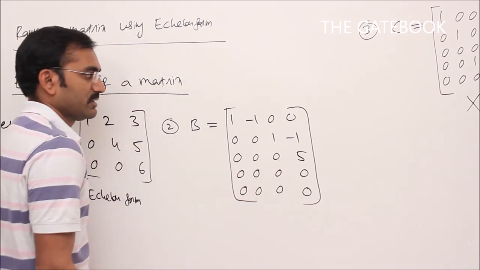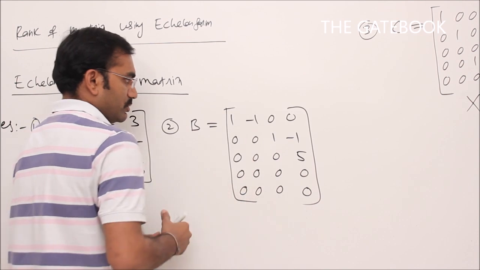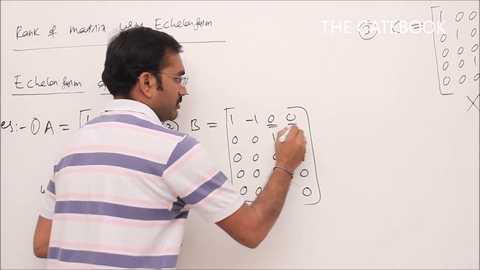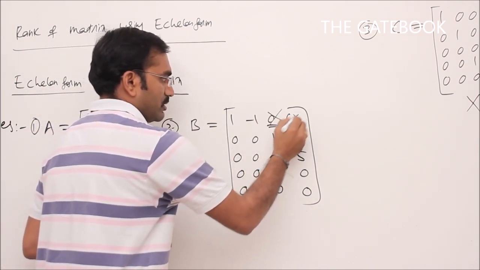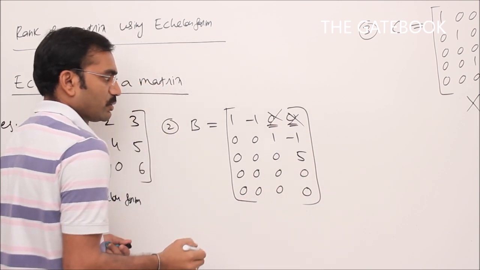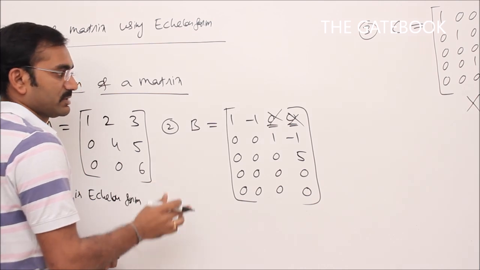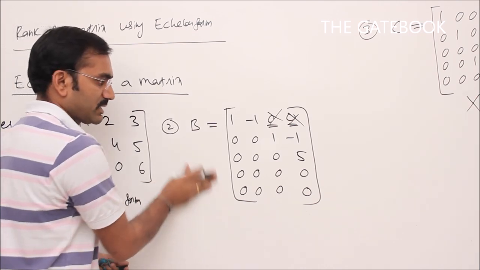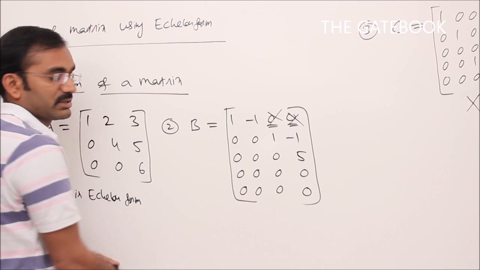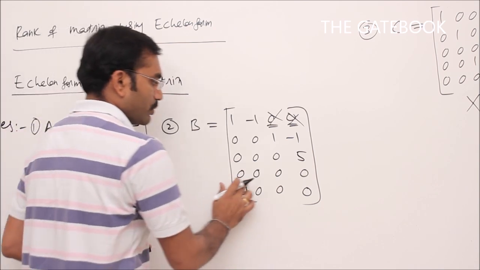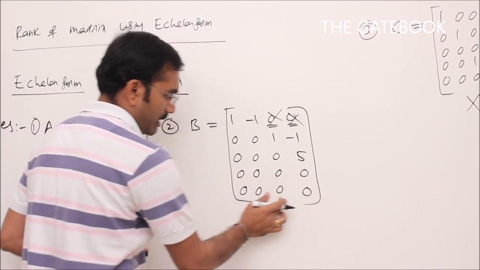So here one important observation. Don't count these zeros. You have to count zeros only before the first non-zero element. So first condition satisfied. What about second condition? I said if there are any zero rows, they must be below all the non-zero rows.